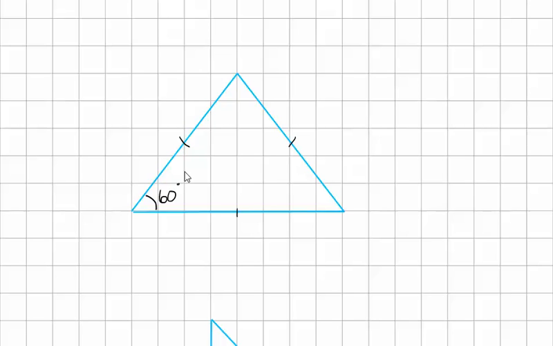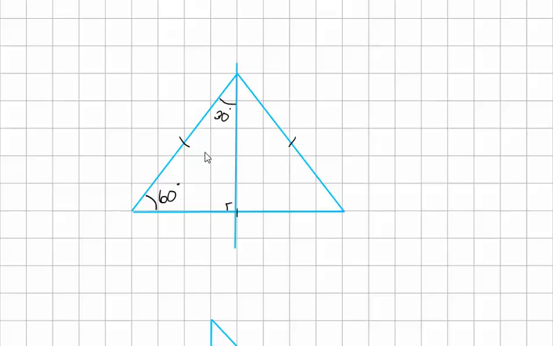Okay, so we've got a 60-degree angle. Now what we're going to do is cut this triangle down the middle, and it creates 2 right-angled triangles. Now this angle therefore will be 30, and that's where I get my 60 and my 30 from.